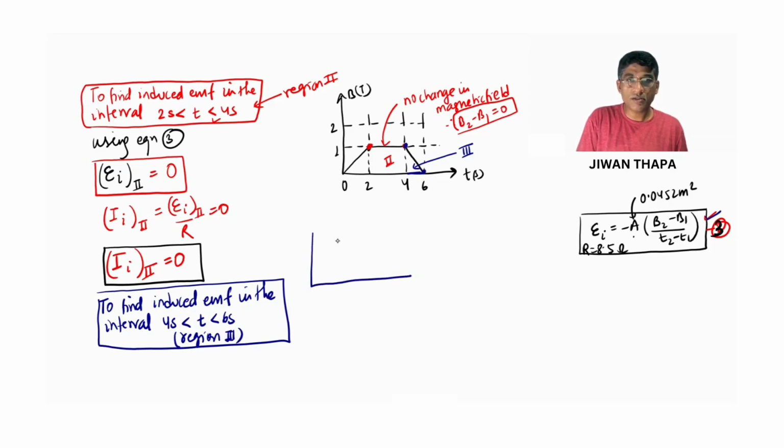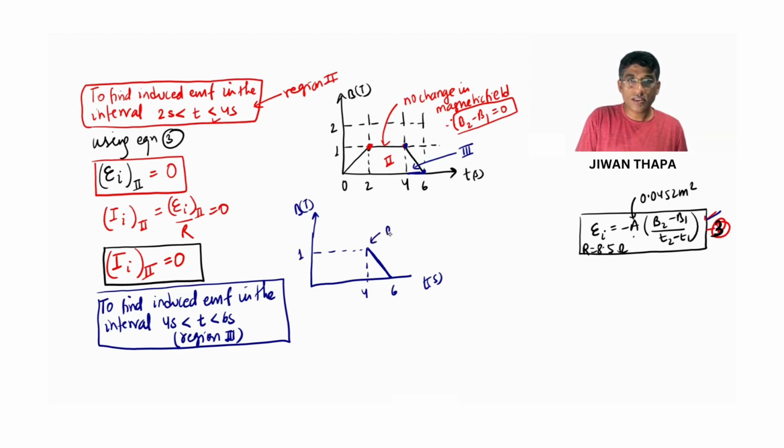So let me draw in this way. For region third, we have this. This is 4, this is 6, and this is 1.